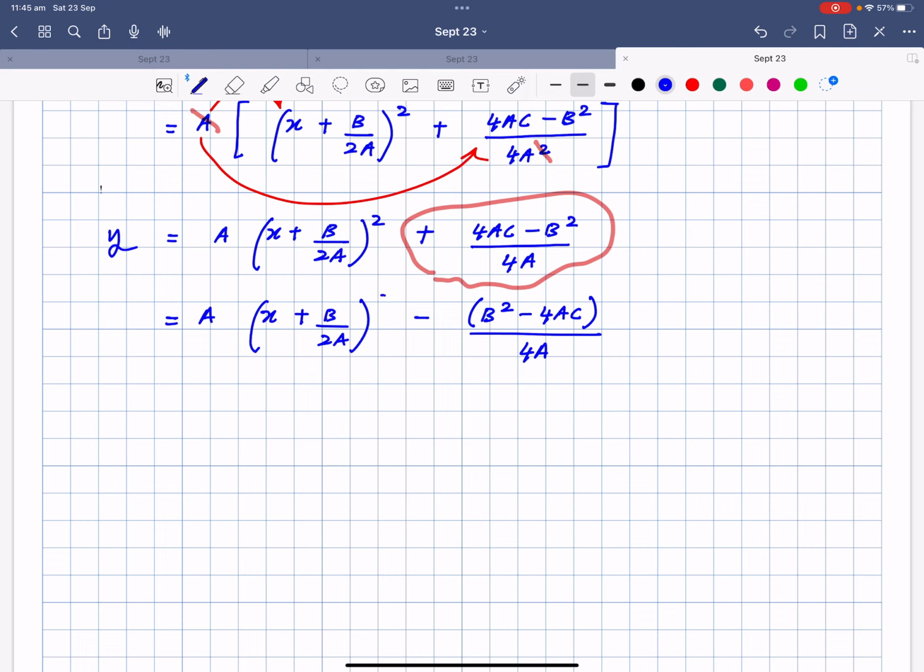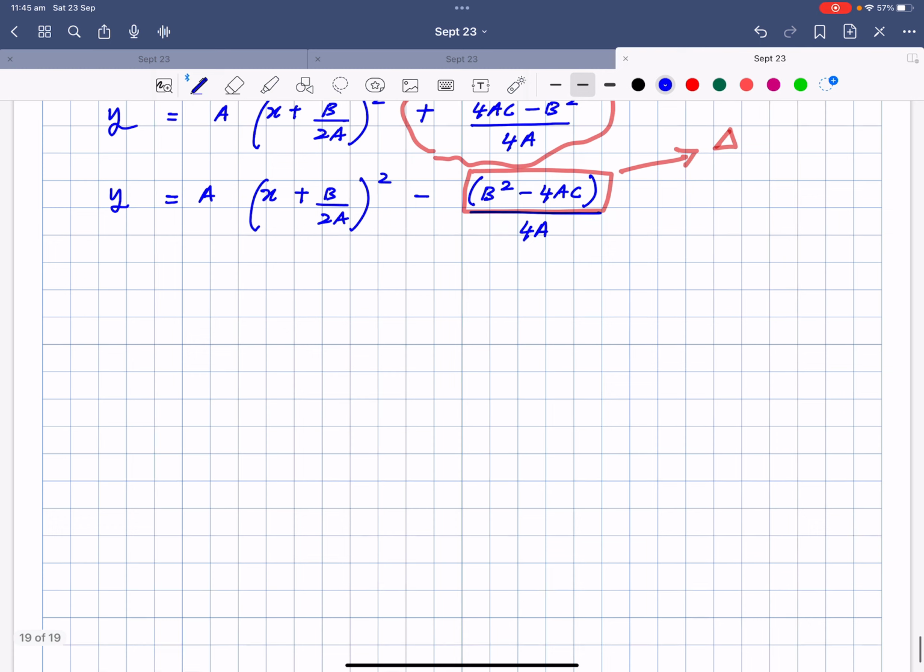It becomes like this. So I took the minus out. So this term over here is called my discriminant. Right? My discriminant.